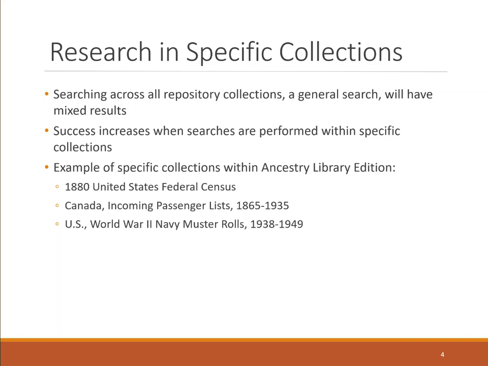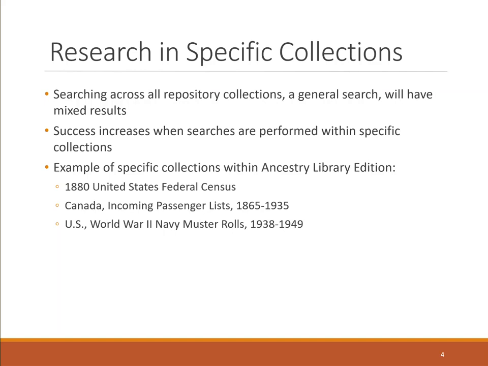What we're talking about here is in repositories, especially the big ones like FamilySearch, Ancestry, MyHeritage, and Findmypast, these general searches are searching across many, many collections. They're searching all 1 billion records. But what you can do is increase your success by narrowing down to a specific collection.